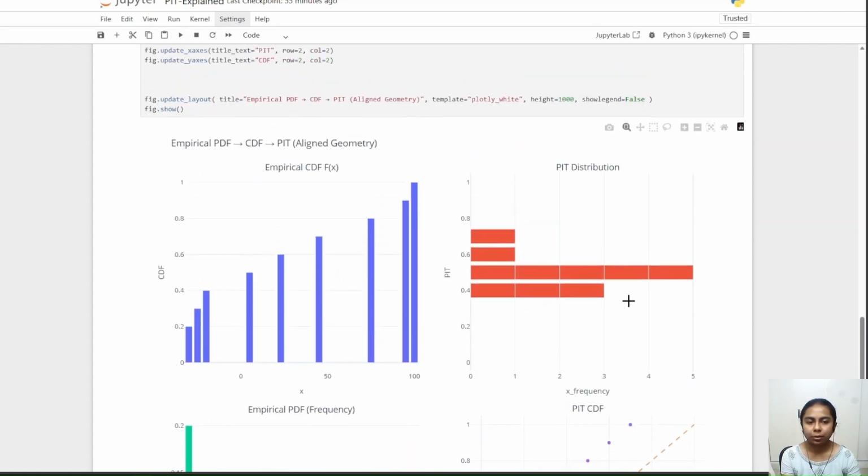Yes, here the PIT is concentrated. It's an inverted U shape, as we already discussed before.